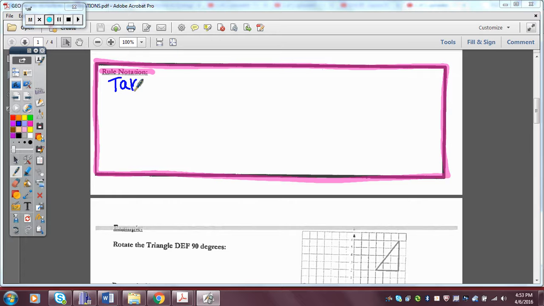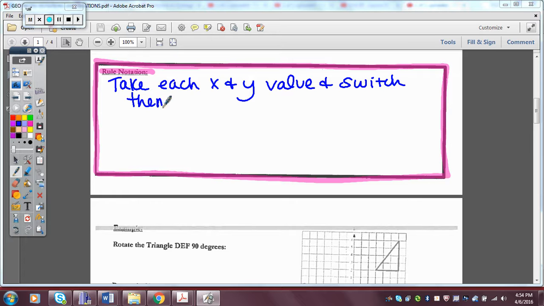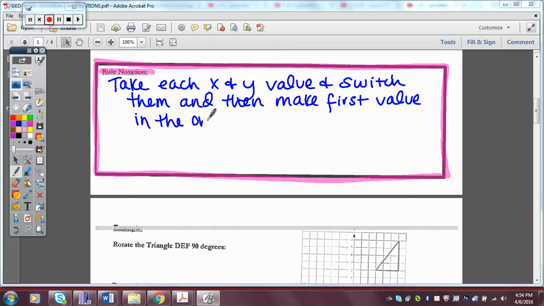Take each x and y value and switch them. And then make the first value in the ordered pair opposite.